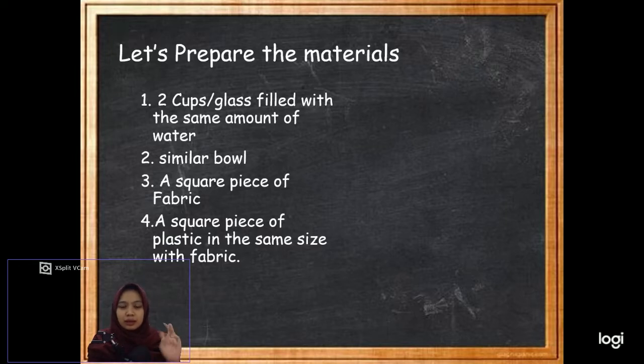If you cannot find plastic in the same size as the fabric, just use the plastic that you have and then try to cut it until it has the same size as the fabric. Why do you think we have to keep them the same? Yes, it's to make the experiment fair.